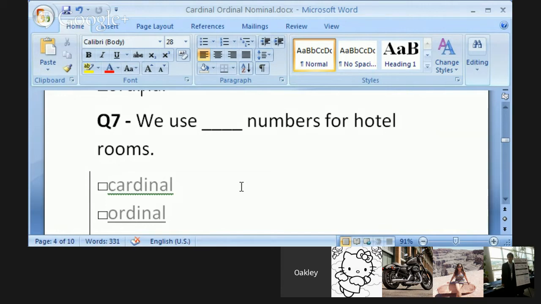It's not very likely that there's going to be 99 rooms on each floor, or 100 rooms. So in reality, they're probably nominal numbers. Nominal numbers are names. They serve as a tag or a name. That was a trick question.